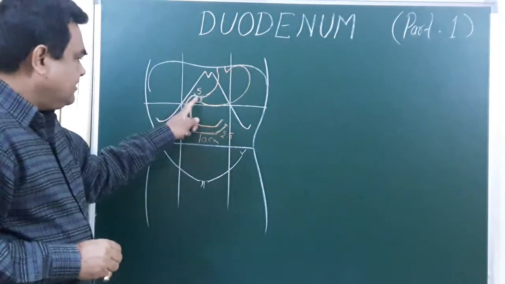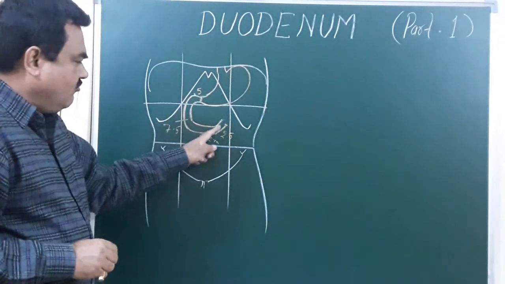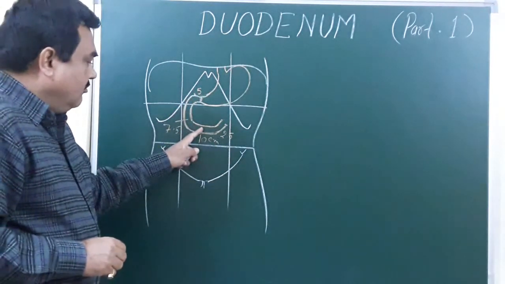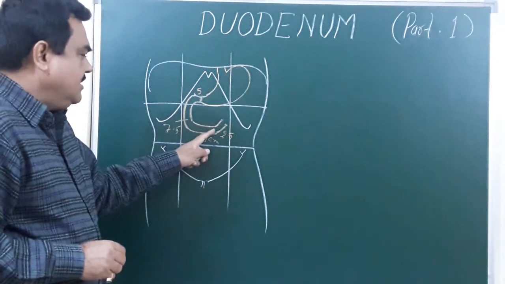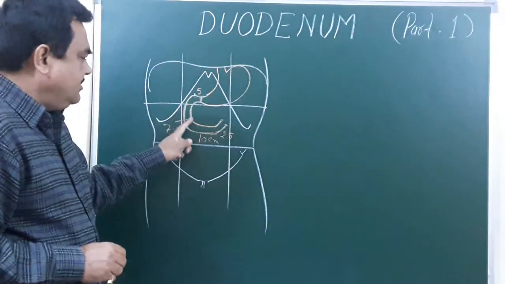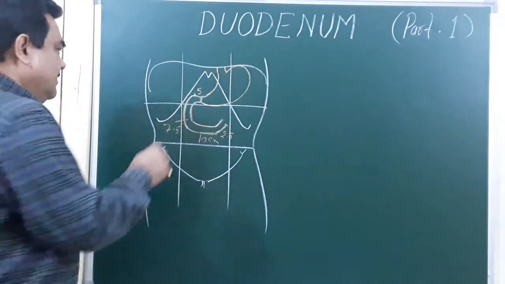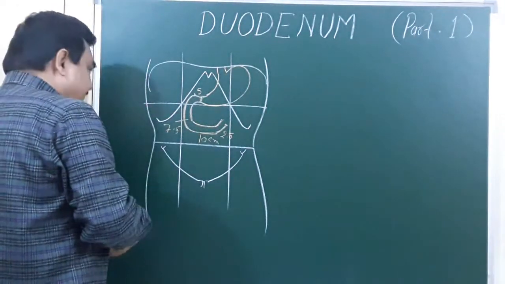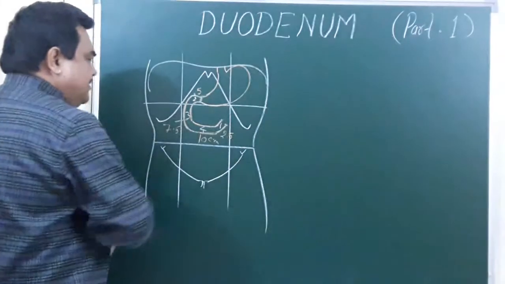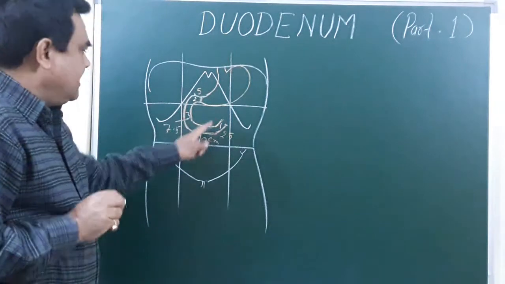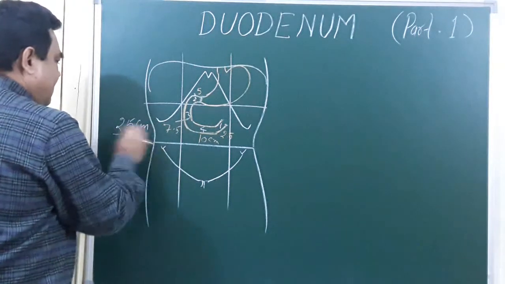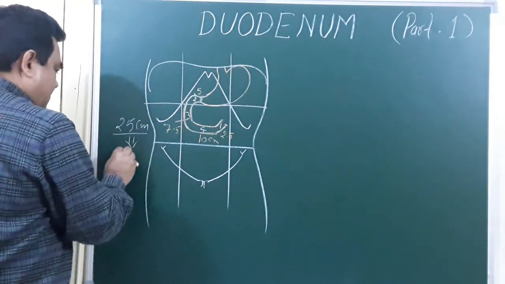Or in inches, the first part is 2 inches, 3 inches, 4 inches, 1 inch. So in inches you can see this is 2, 3, 4, and 1 inches. So the total length is about 25 centimeters or 10 inches.